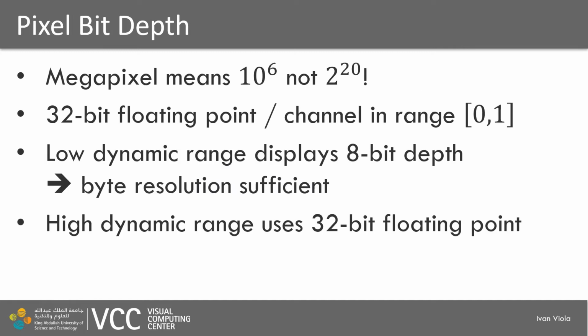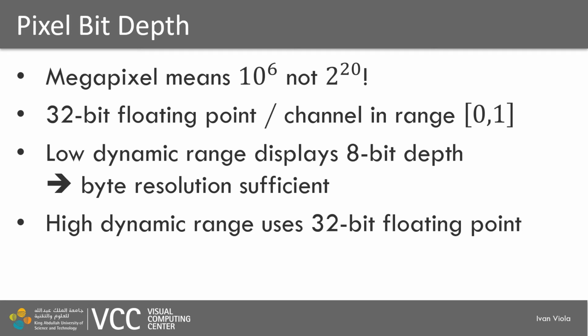If we are talking about resolution, we are often referring to some resolution or hardware capabilities in terms of megapixels. Normally, in computer science, we define our sizes by powers of 2, so 1 megabyte would be 2 to the power of 10 bytes.